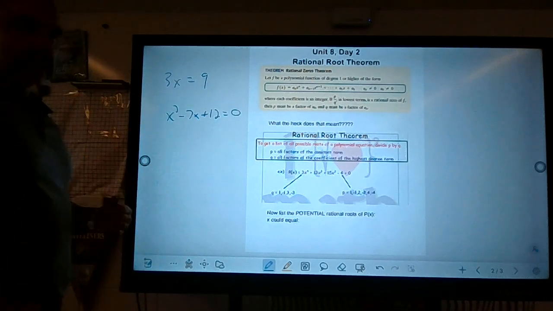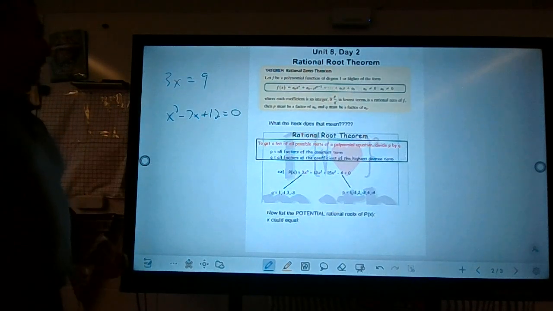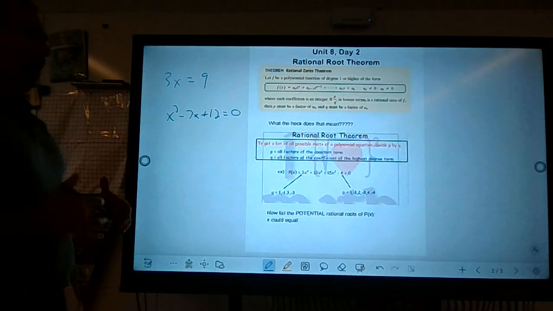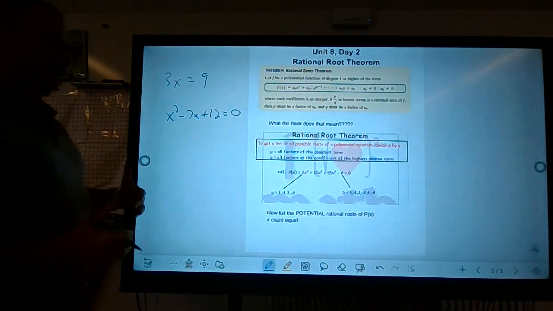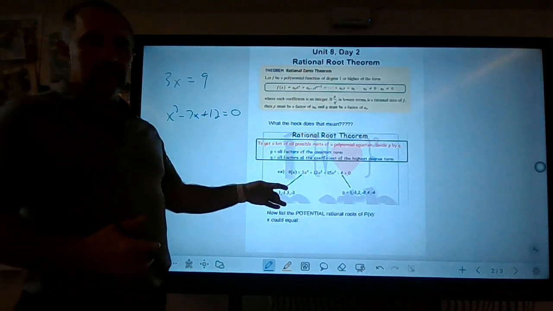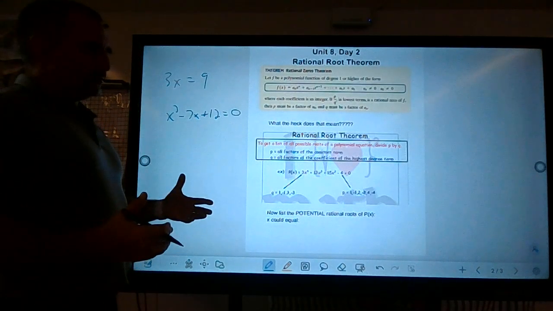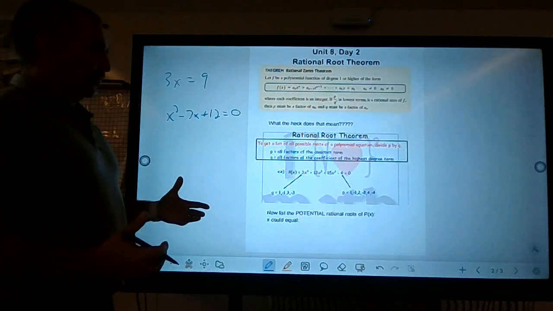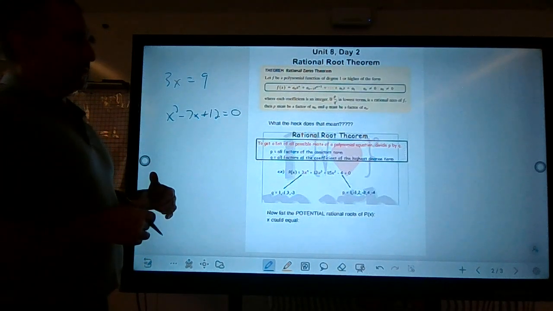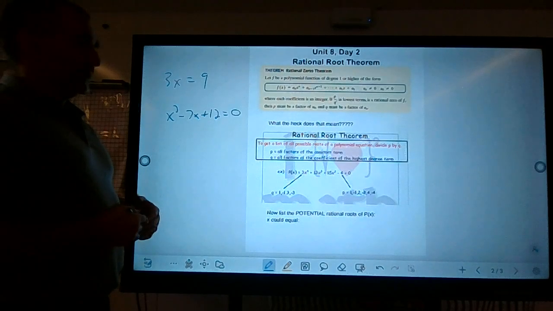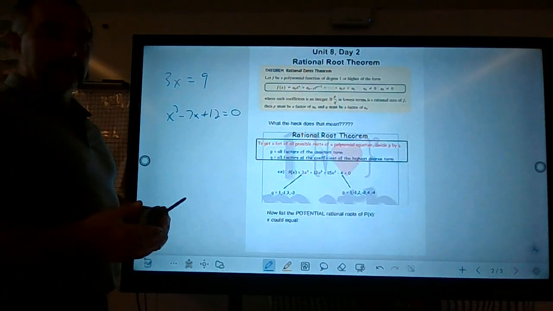You can factor it. You can complete the square. You can use the quadratic formula. We've learned all these equation solving tools, but then once we get to these polynomials, the only thing we have ever really learned was to factor by grouping, and that's not always going to work. So the rational root theorem is going to be another tool that we have to potentially solve some equations.